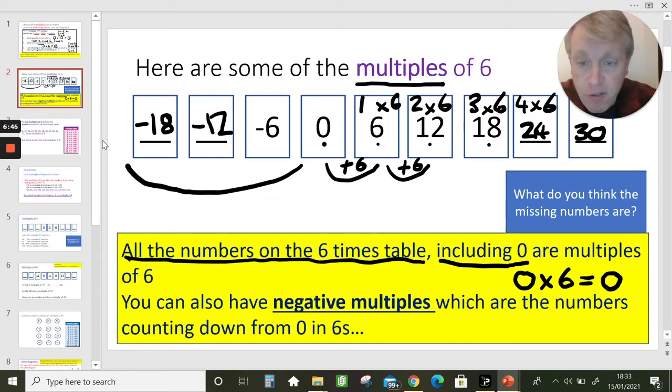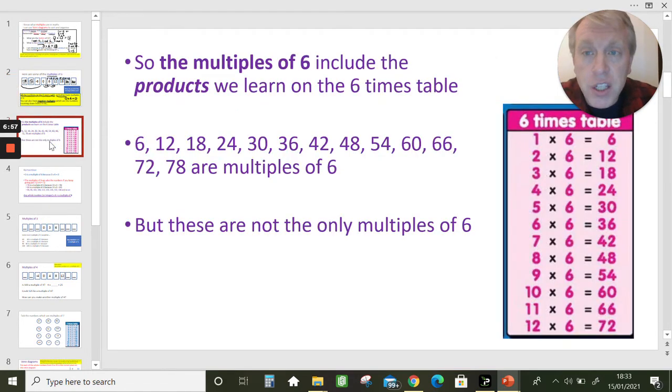So we have all the numbers on the 6 times table, including 0, and don't forget the negative multiples of 6. So, the multiples of 6 include the products that we learn on the 6 times table, 6, 12, 18, 24, 30, 36.